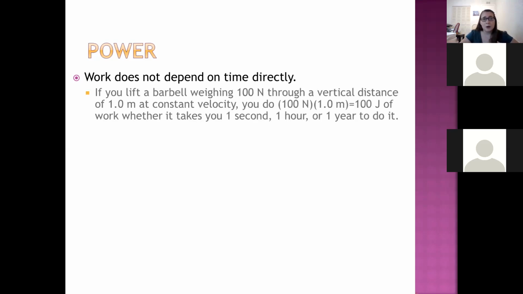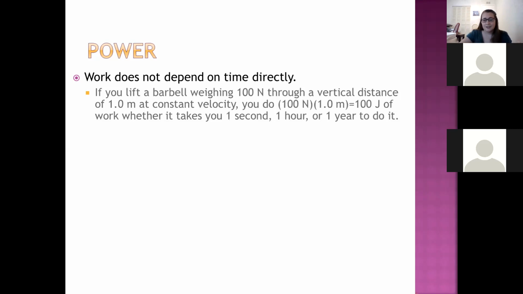So if you lift a barbell, again, going back to working out and getting swole or whatever you want to do in your free time, if you lift a barbell weighing 100 newtons through a vertical distance of 1 meter at a constant velocity, you do 100 joules of work. Whether it takes you 1 second, 1 hour, or 1 year to do it, you have done the same amount of work. So, if it takes you a whole hour to lift a barbell up over your head, congrats, you did the same amount of work as that bodybuilder next to you who did it in half a second.